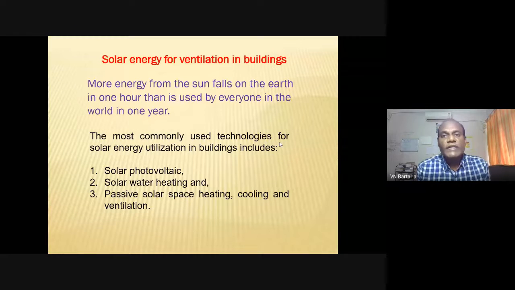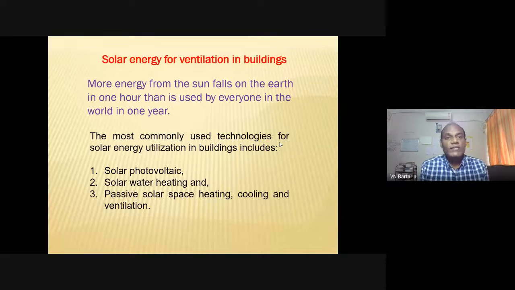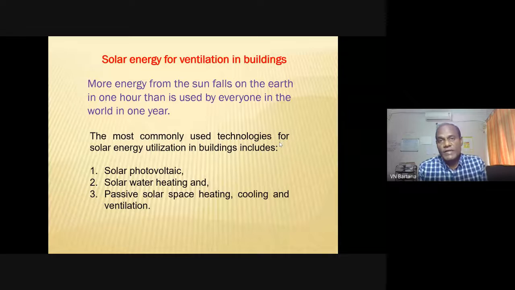Solar energy for ventilation in buildings. So we can also use solar energy for ventilation in buildings. Ventilation is very essential, we have already seen, and its need also. Solar energy, which is abundantly available on the earth, easily available to us, can be used for ventilation free of cost.